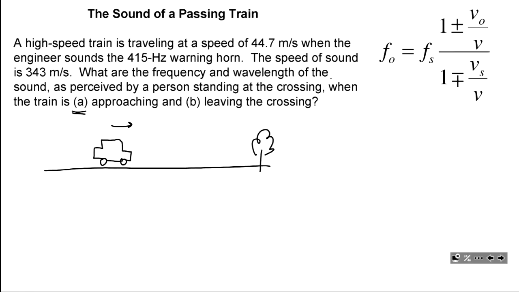In front of the train, because that's what this word approaching means. Now, is the observer running? No, standing. See how words matter. So VO equals 0. VS, 44.7.